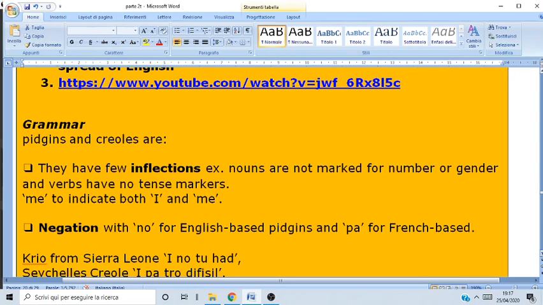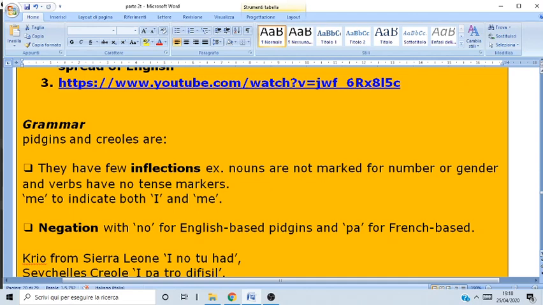So Pidgins and Creoles have very few inflections. This means that, for instance, they don't mark nouns for number and gender: singular, plural, masculine, feminine, neutral. And that verbs don't have tenses.